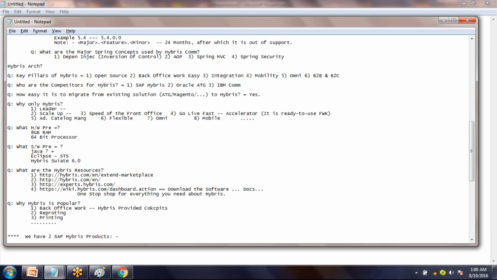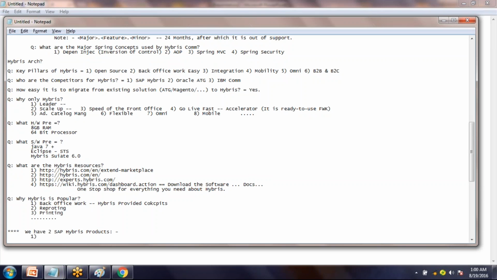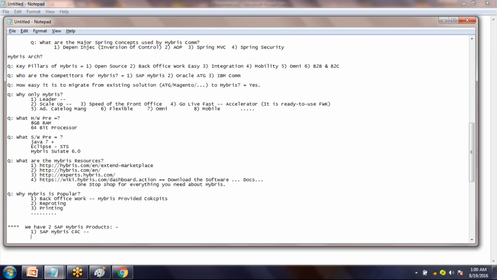We have two SAP Hybris products. The first one is SAP Hybris Cloud for Customer, which covers SAP Hybris Cloud for Customer and SAP Marketing.